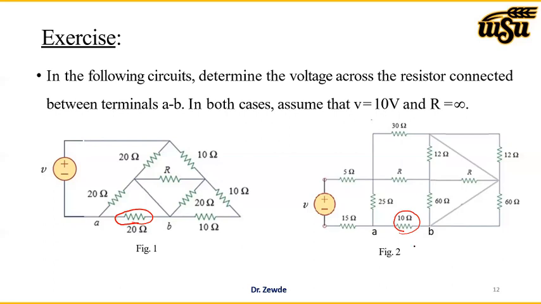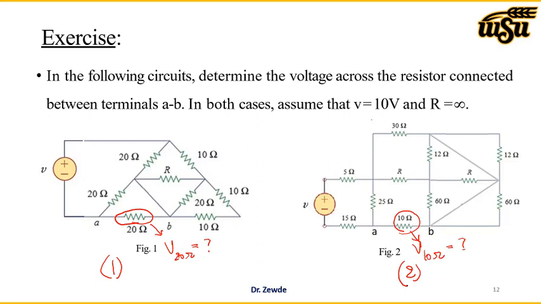So we want to find how much the voltage across the 10 ohm resistor is, and how much the voltage across the 20 ohm resistor between terminal A and B is. So we just want to find these two. So let's first solve this network, and then we'll go to the second one.